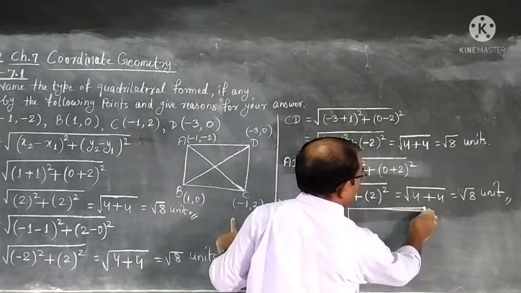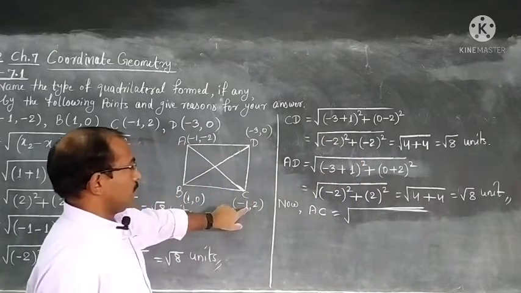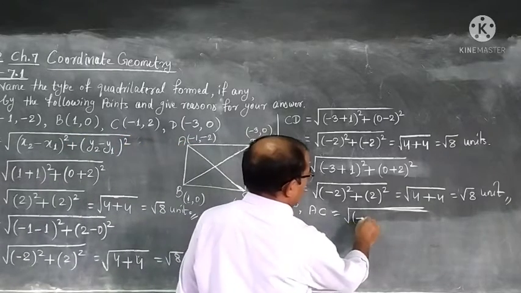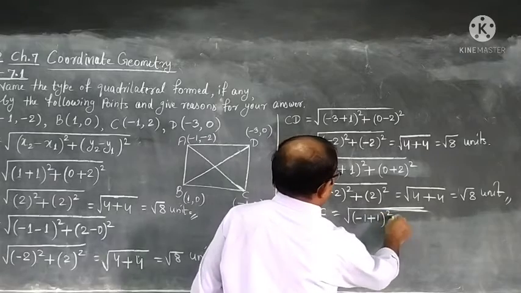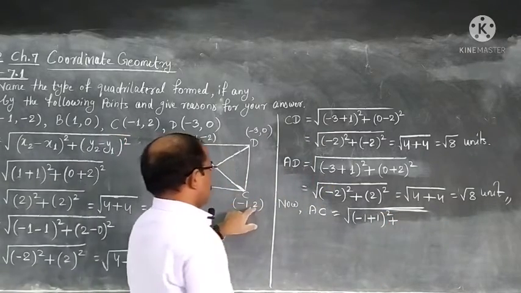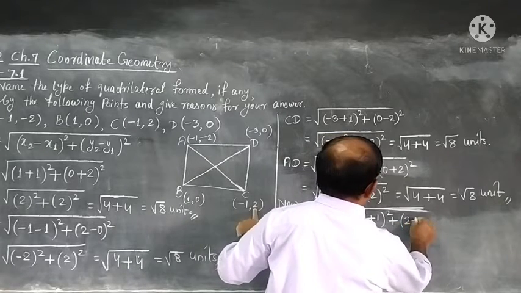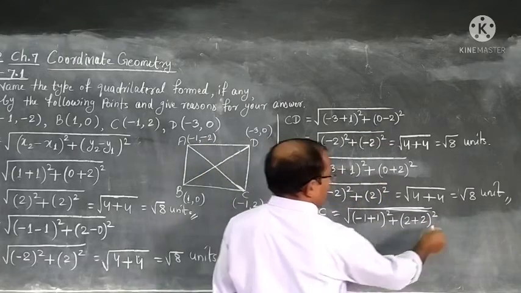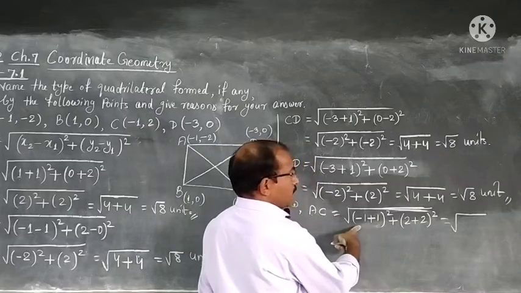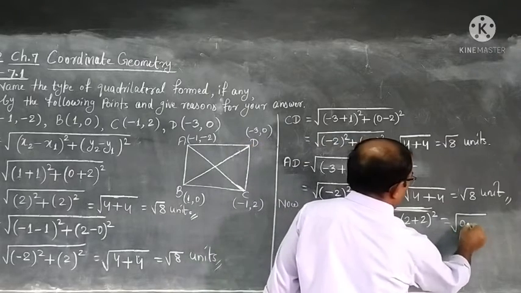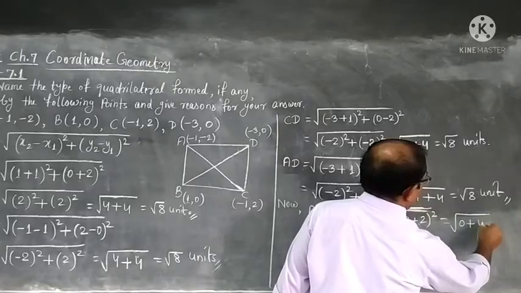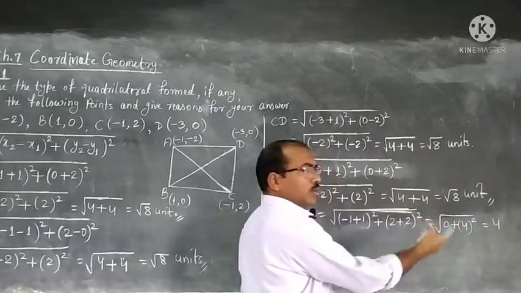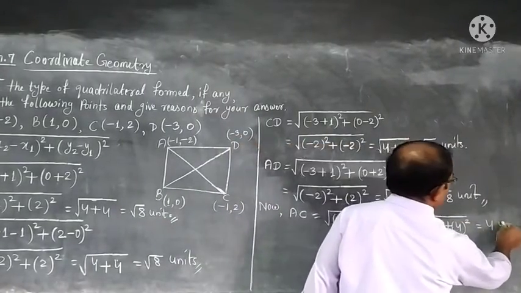So for AC, x2 minus x1 is -1 minus minus 1, which is plus 1... that is 0, whole square, plus y2 minus y1, 2 minus minus 2, which is plus 2 square, so 4 square. So 0 plus 4 square will be 4 only, the square root cancels, so we get 4 units for AC.